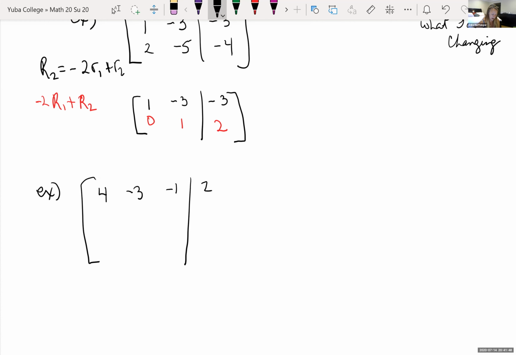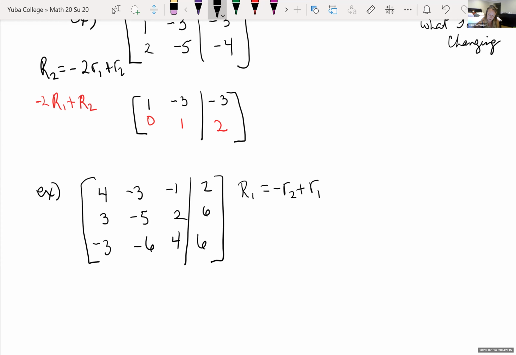Second row, we have 3, -5, 2, and 6. And the third row, we have -3, -6, 4, and 6. So it actually has multiple directions. Row 1 is equal to negative row 2 plus row 1.